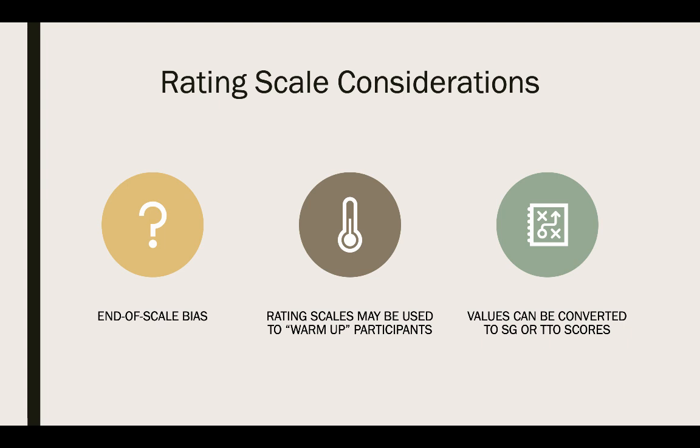When using a rating scale, there are a few things we need to take into consideration. The first one is end of scale bias, and I'm sure with our common pain scales in the field as paramedics, you're pretty familiar with this. You have a lot of patients on a scale from 0 to 10, what's your pain? A lot of patients say 9 or 10. A lot of patients say 1 or 2.